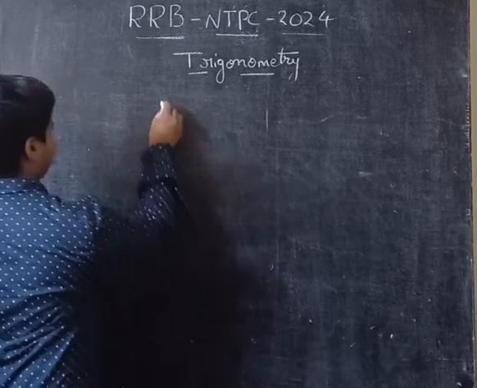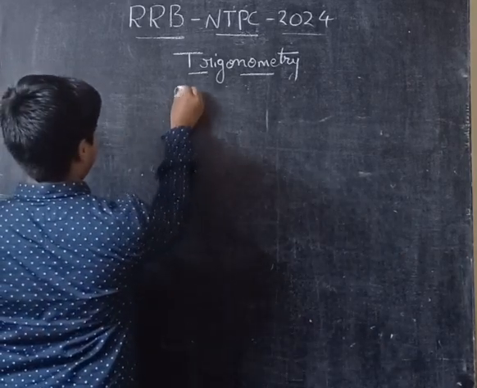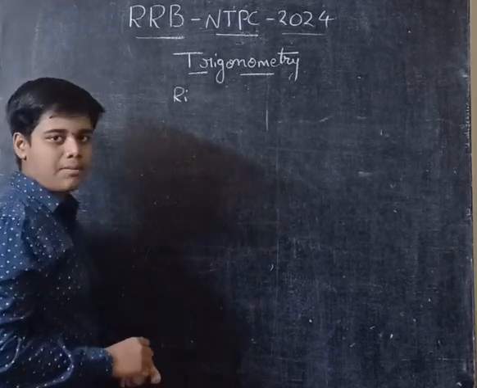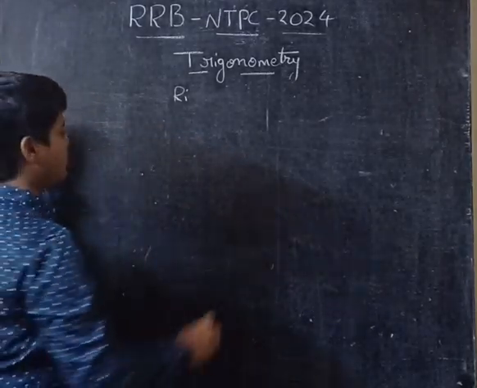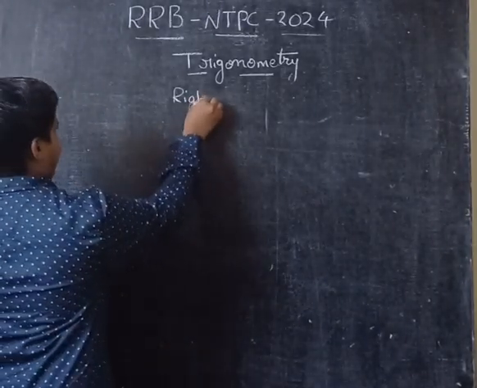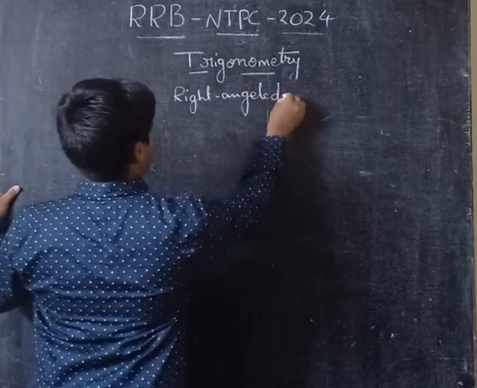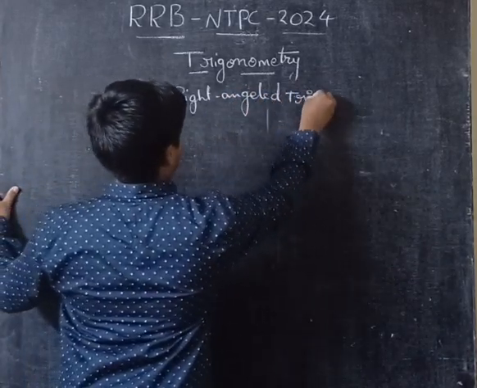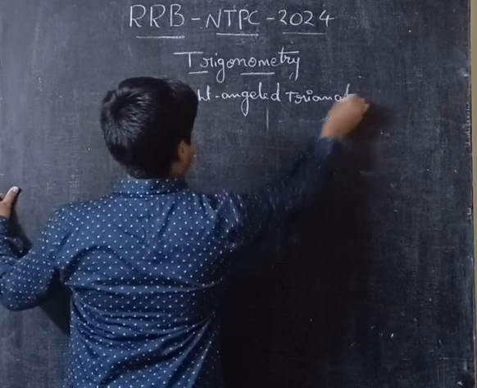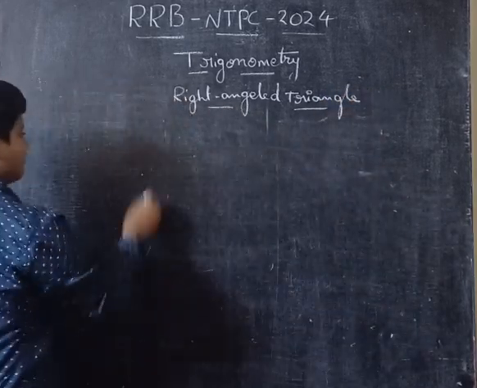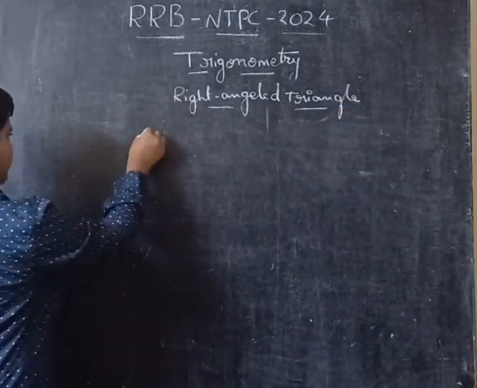Triangles topic. So the next one is, in trigonometry, the main triangle used is the right angle triangle. Right angle triangle. So it looks like this.